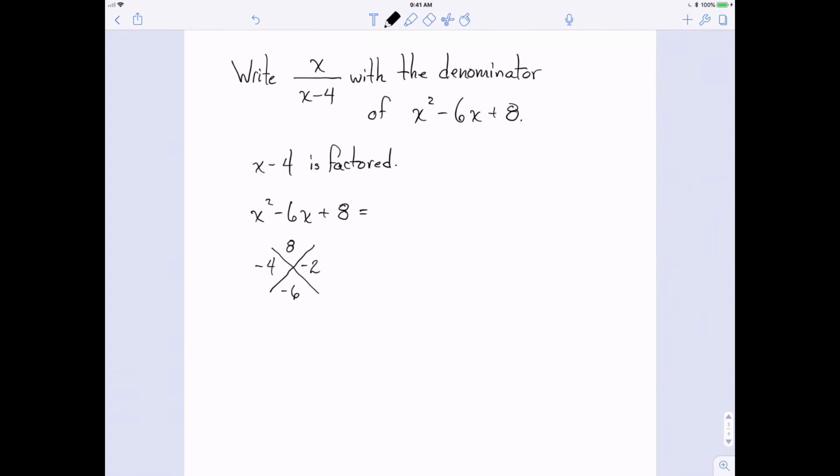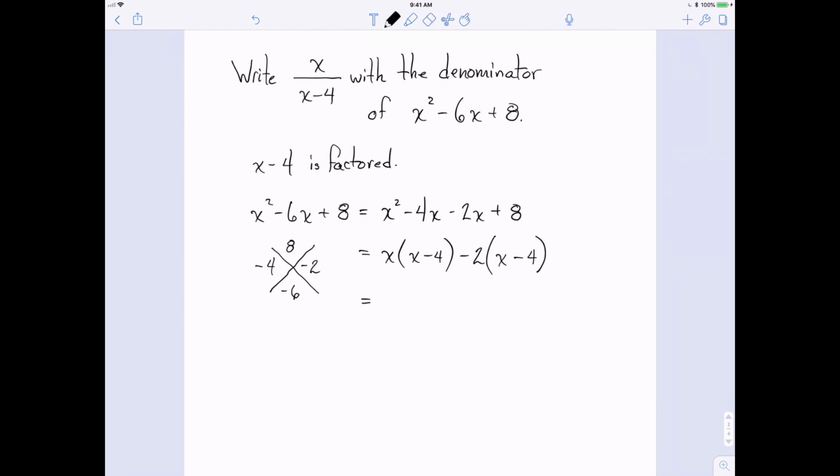So I take and I rewrite x squared minus 4x minus 2x plus 8. Notice I have a common factor of x in my first two terms, so I have x times x minus 4. My common factor now, I'm going to try a minus 2, so that's going to be an x. That'll change the positive 8 to a negative 4.